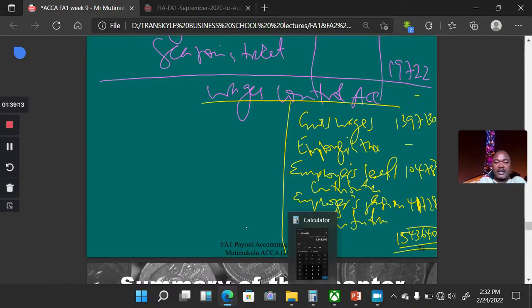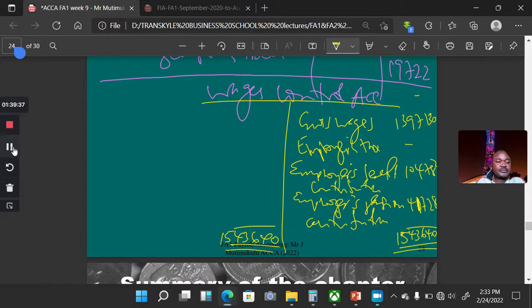We can as well balance this side with 1,543,640. If the debit side becomes larger, we have to find out where the difference is emanating from.